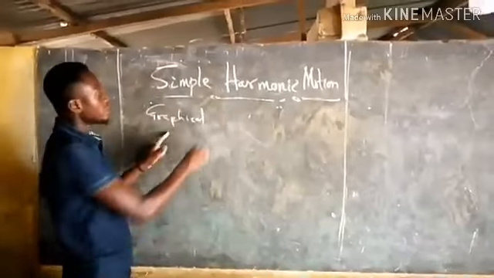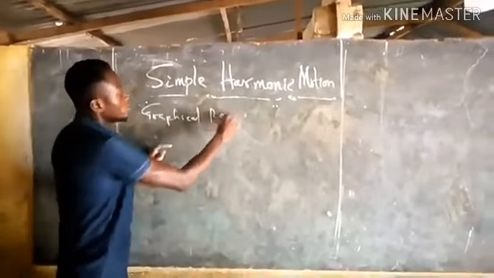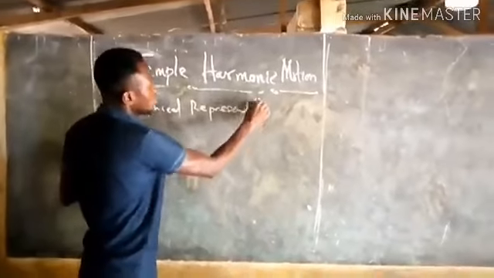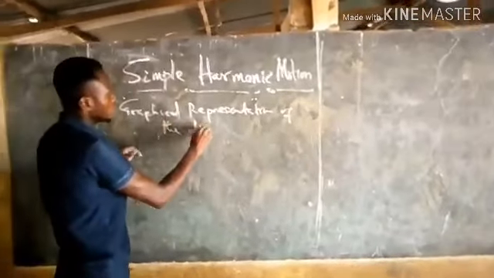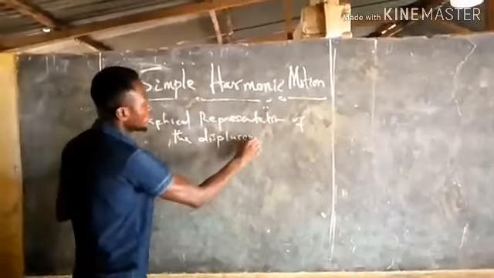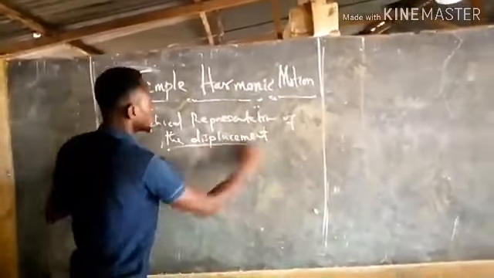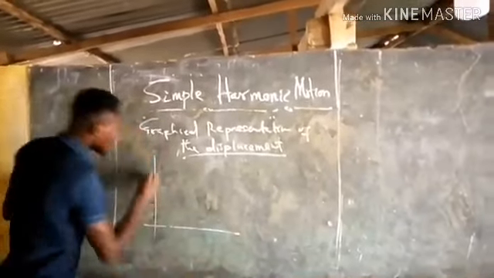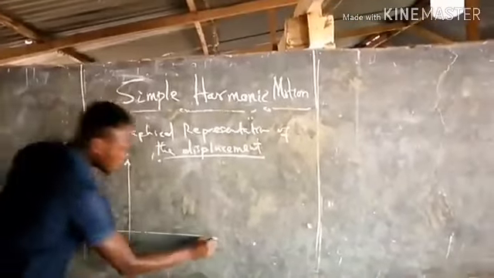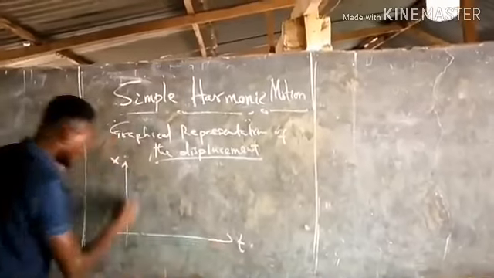Look at the graphical representation of the displacement of a body undergoing simple harmonic motion. We are going to plot displacement against time. We are going to have displacement, and that is what? Time.